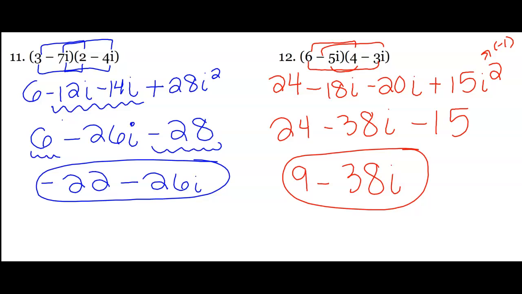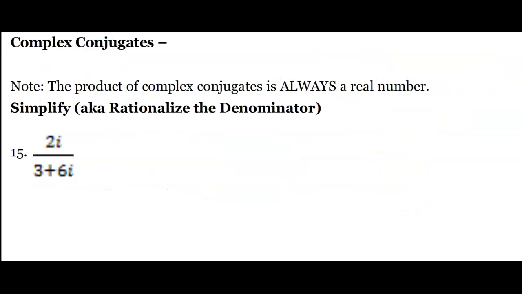Ready? Did everybody get 9 minus 38i? Are we good? Okay. i is i. i squared is negative 1. i cubed is negative i. And i to the 4 is 1. That is all you need to know.